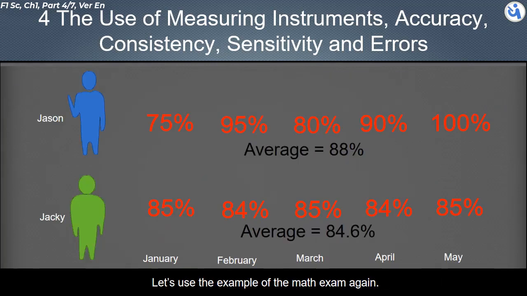Let's use the math exam example again. Since the exam target is 100%, by taking the average of 5 exams, Jason has 88% and Jackie has 84.6%. Jason's performance is closer to 100%. We can say that Jason is more accurate in the math exam.